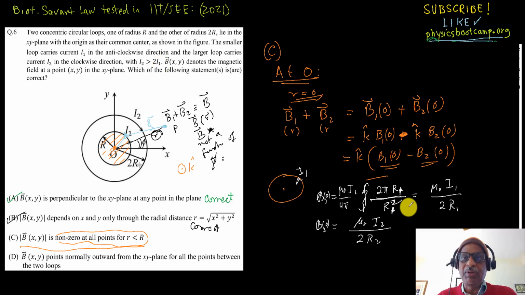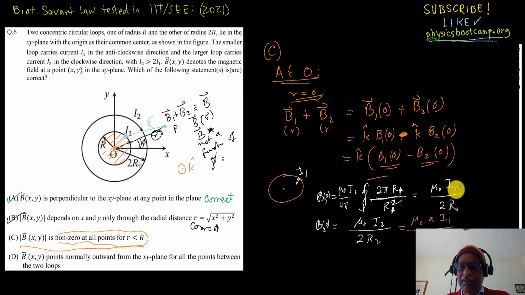So let's see, what if it was, let's call it some factor A, mu naught A I1 over 2 times 2r. So R2 is 2r, and this is just r, and this is just I1.